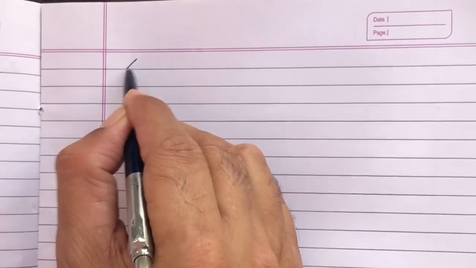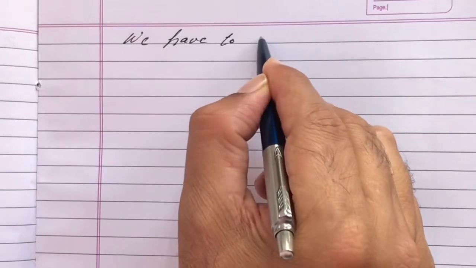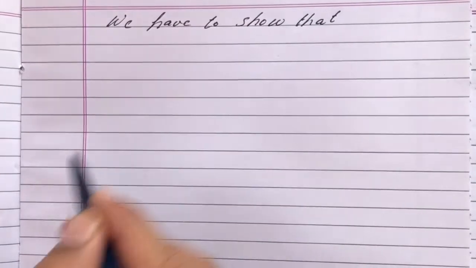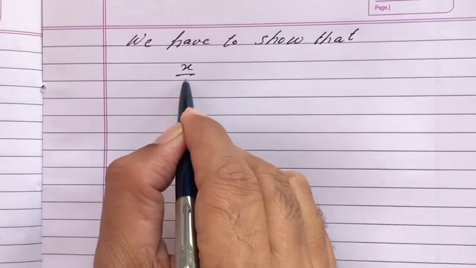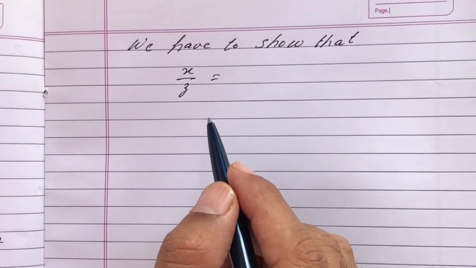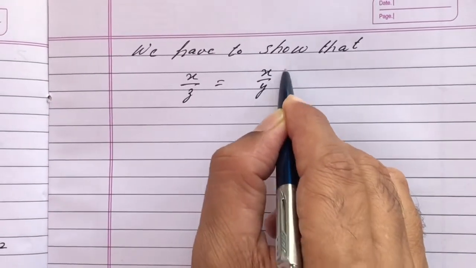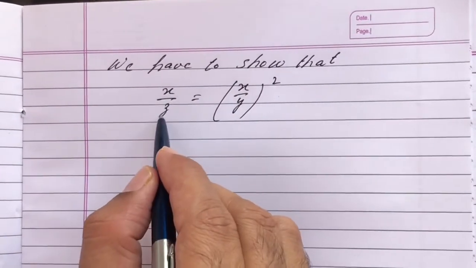Then we have to show that the ratio of the first to third, x ratio z, is the duplicate ratio of the first to second. So x is first, z is third.